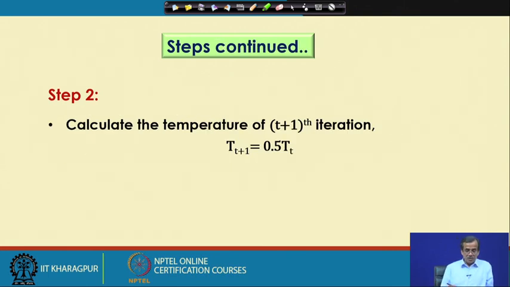Step 2: we calculate the temperature of the t plus 1th iteration, and that is nothing but 50% of the previous iteration temperature, that is, T(t+1) equals 0.5 multiplied by T(t). Capital T indicates the temperature of the molten metal, small t is the iteration number.